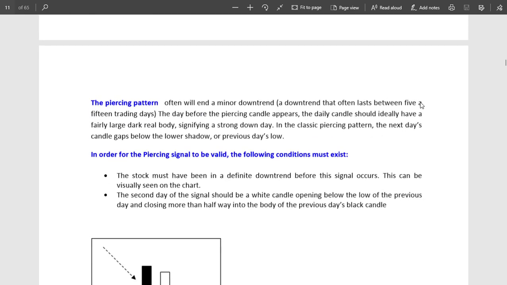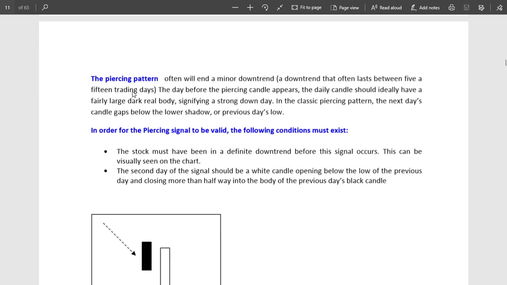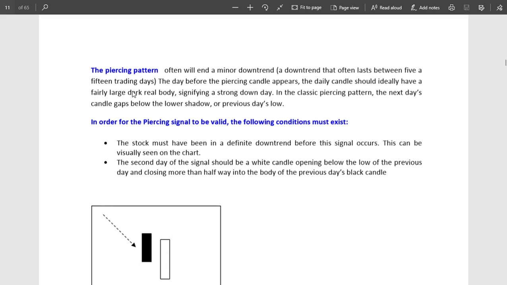But today I'm talking on the piercing pattern. There's a whole lot I'll talk on as well, but we'll start with this now. The piercing pattern often ends a minor downtrend. You can read the write-ups when you watch, but let's go straight to what we have.